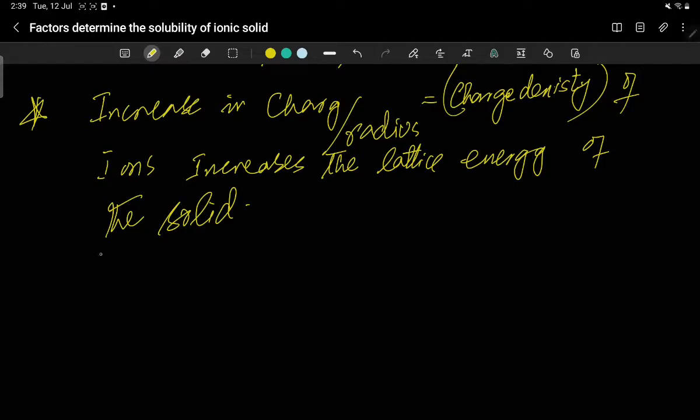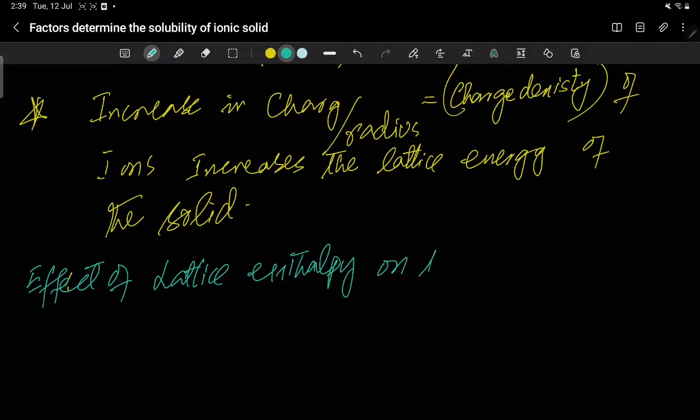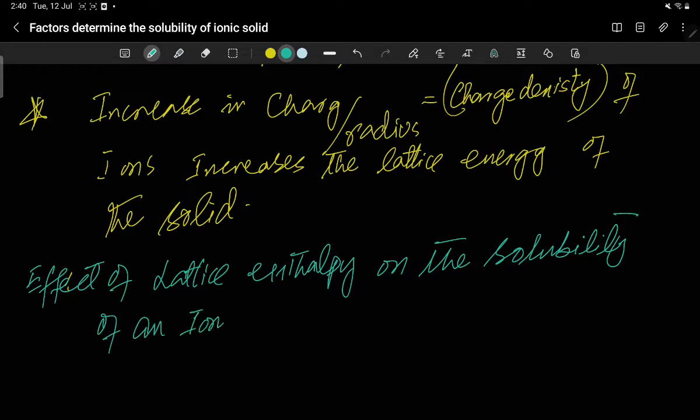So what is the effect of lattice energy on the solubility of an ionic solid? Effect of lattice enthalpy on the solubility of an ionic solid.